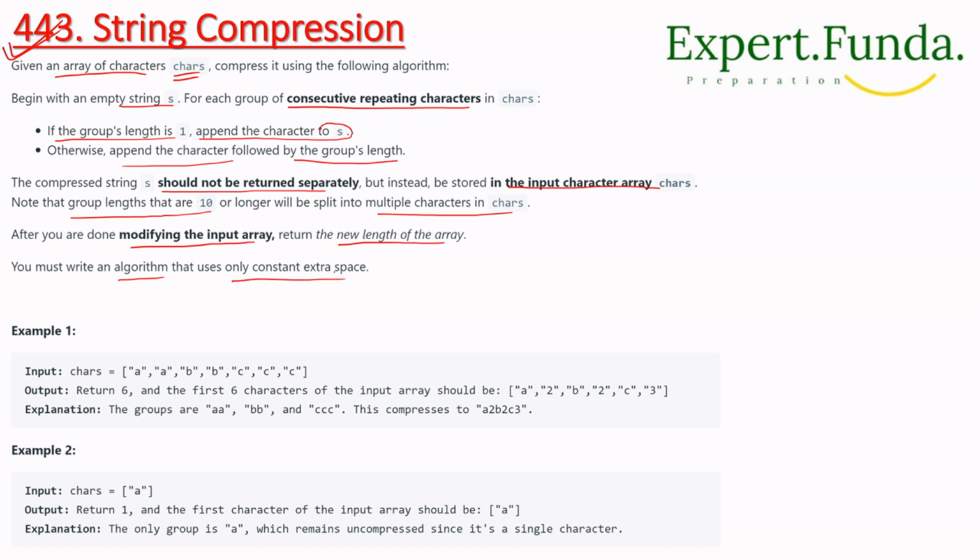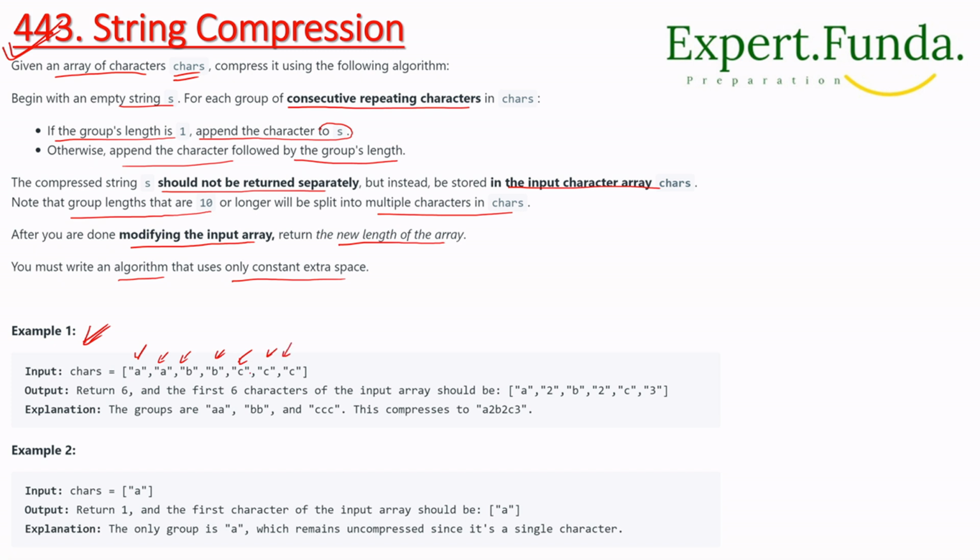So for this question, first we have to make an observation. Let's consider this example. We have input chars, in which we have a a b b c c c.